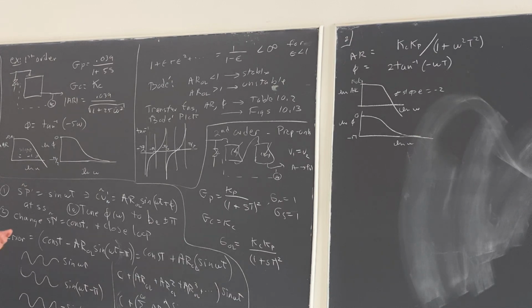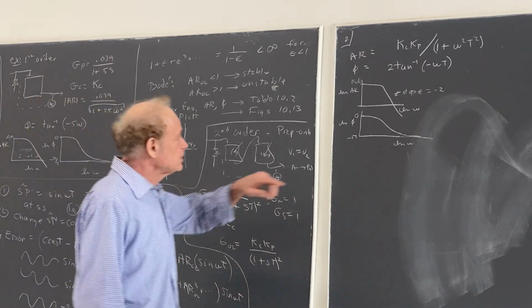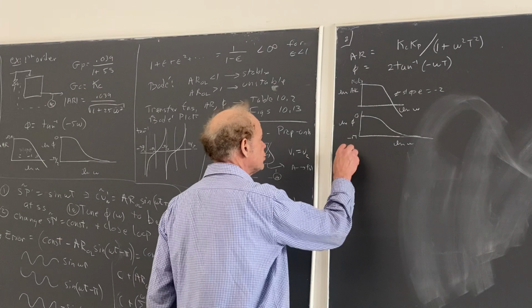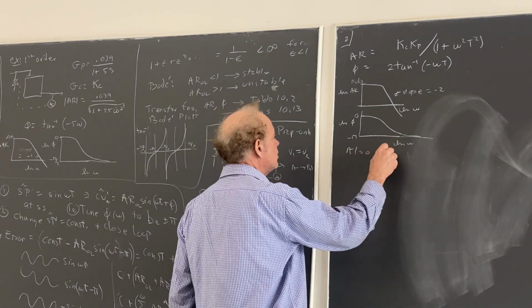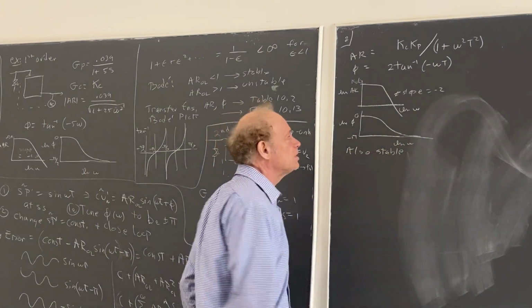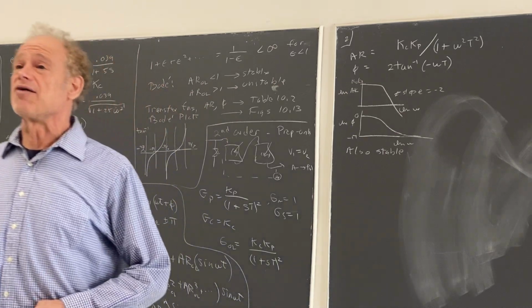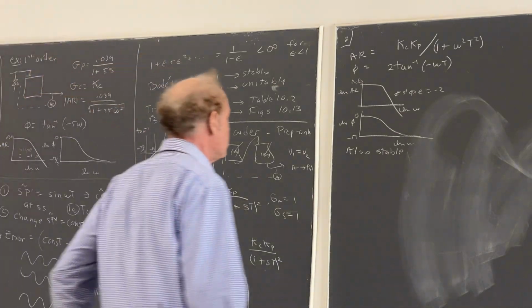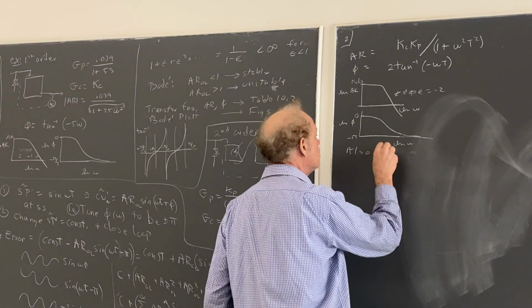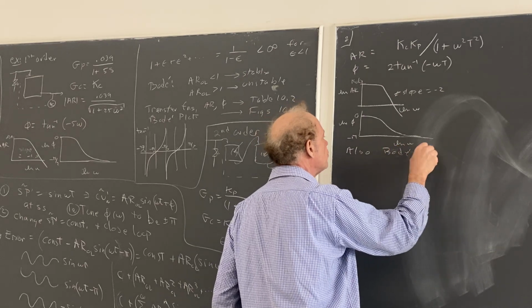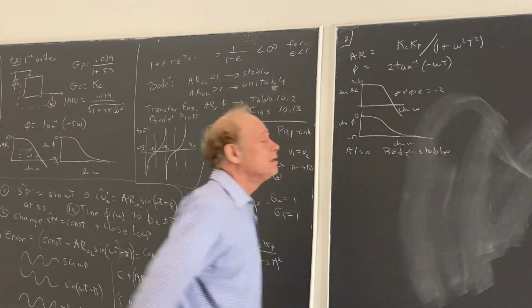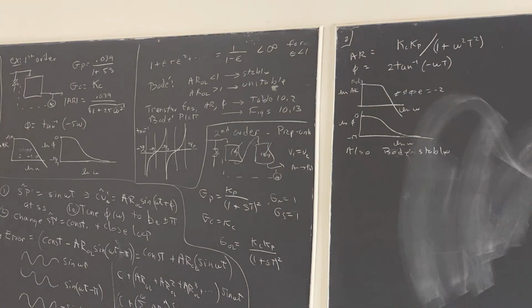So if they're canceling, they're never going to add up to infinity. So this case is also stable. Because no matter what I do, I can't get it to be 180 degrees out of phase.